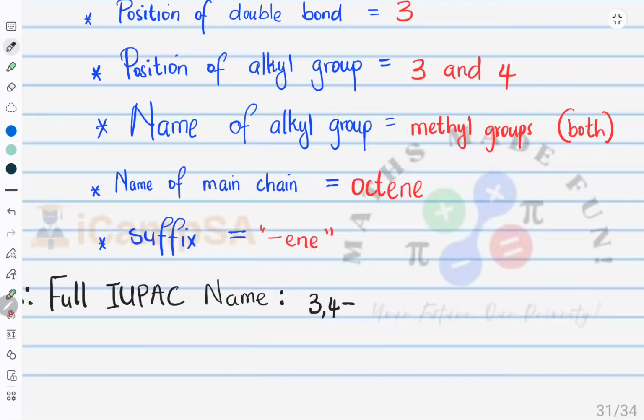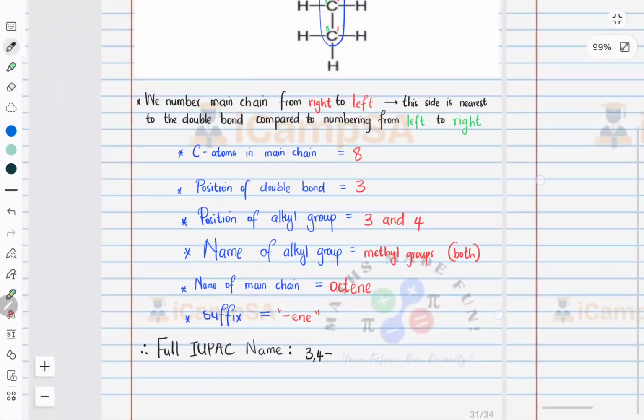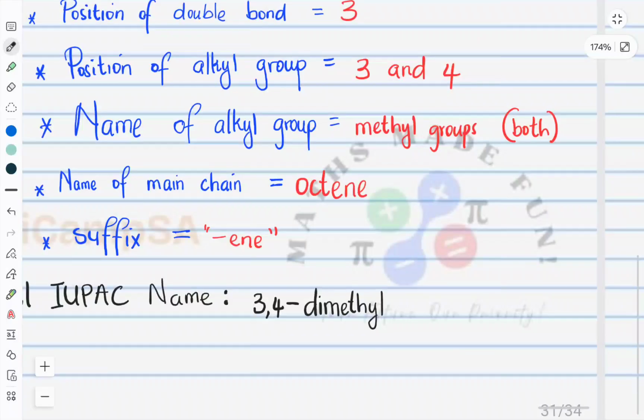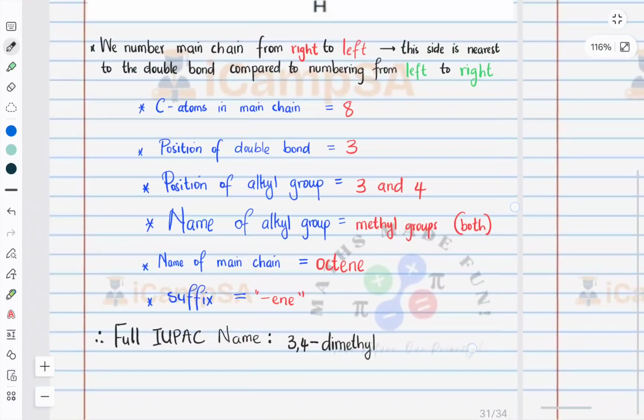Now I have to write the methyl or the alkyl group name. Since there are 2, I have to use the Greek prefix di. Di means 2. Dimethyl. Remember, whenever you have identical alkyl groups, you start using Greek prefixes, right? Otherwise, you won't represent them properly.